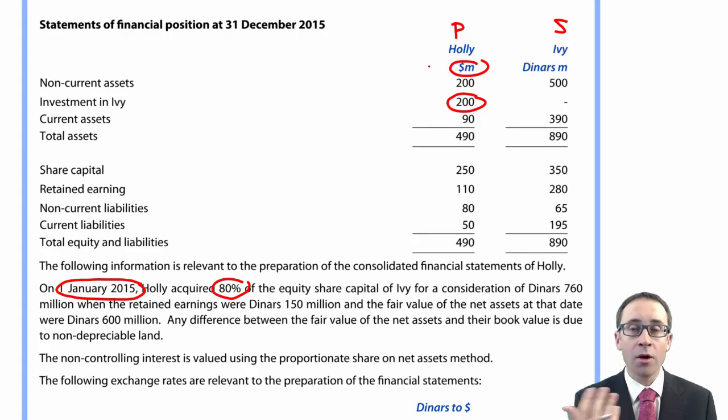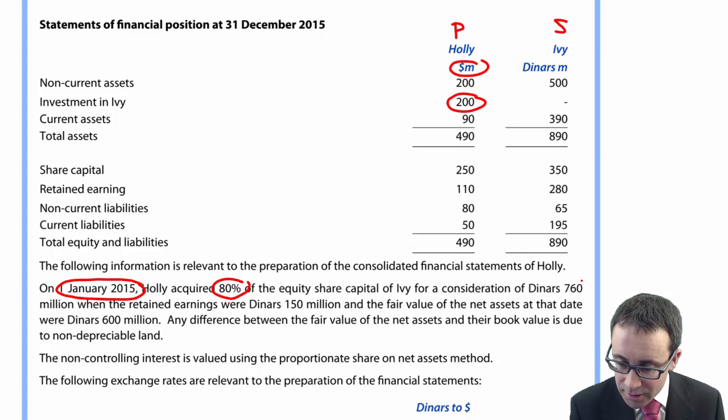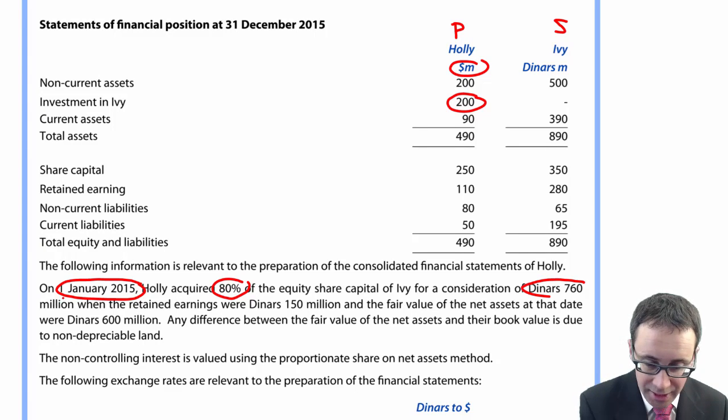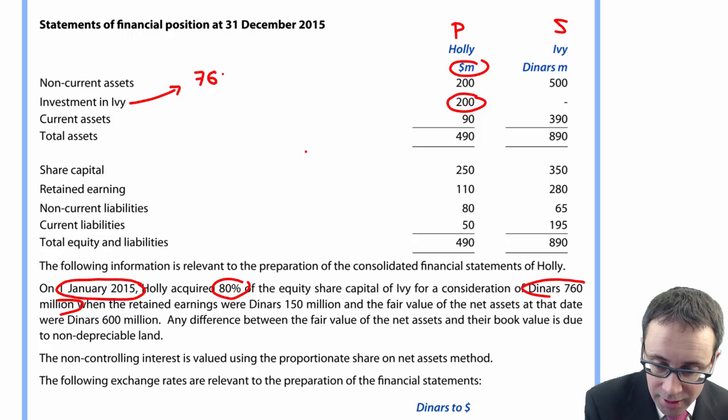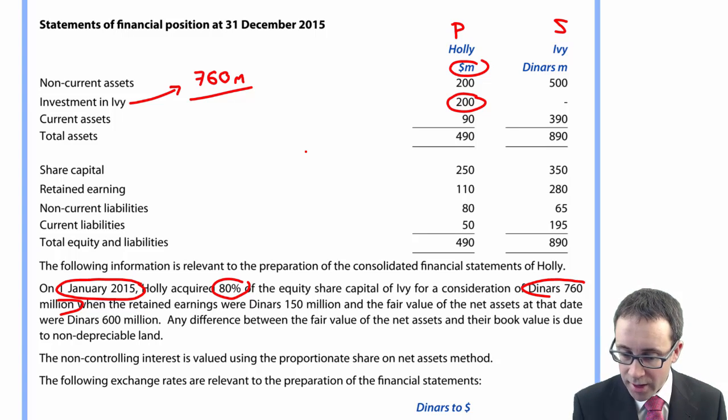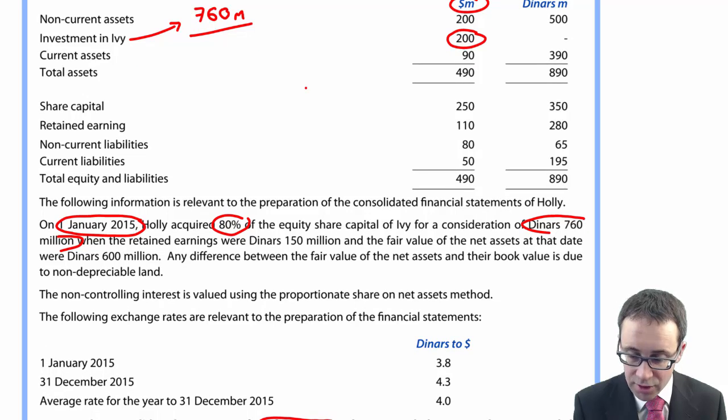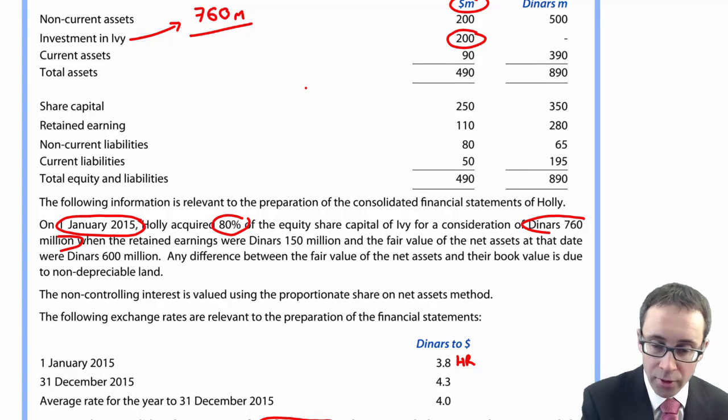Whilst we're there, that investment is of 760 million dinars. You can see there that Holly has recorded that correctly. The historic rate is the rate at the 1st of January, which is the 3.8.